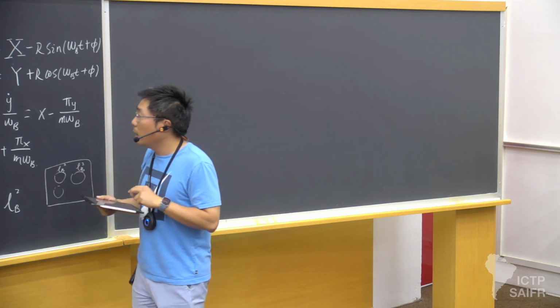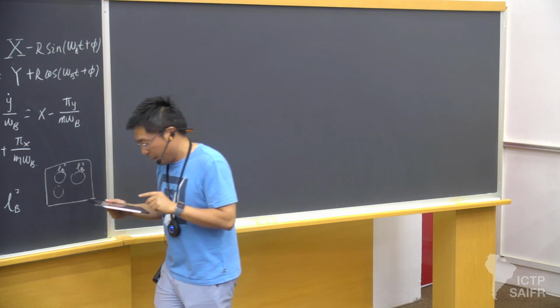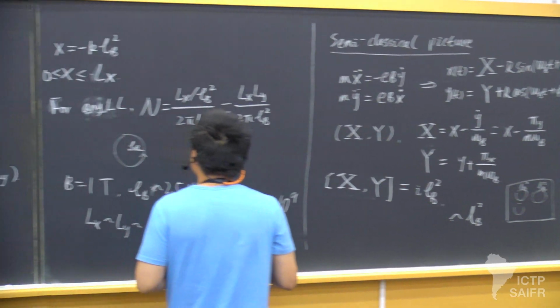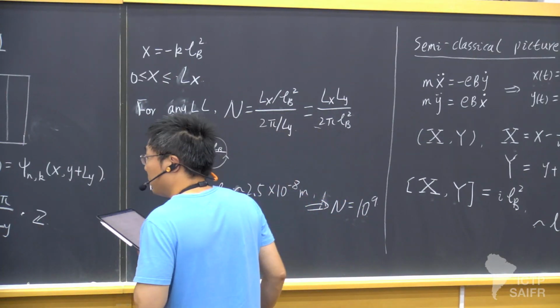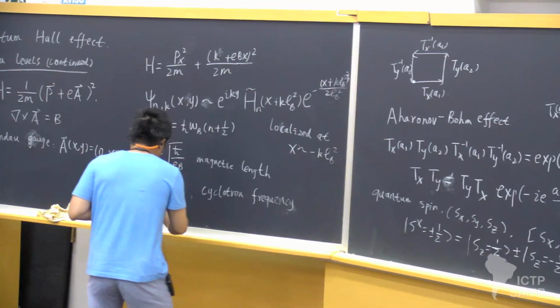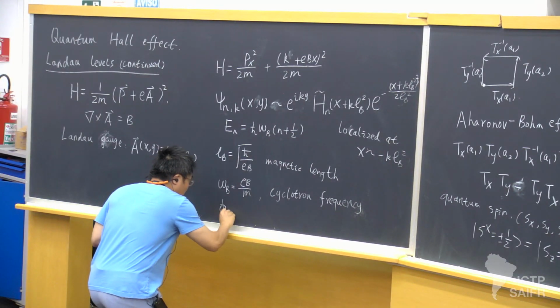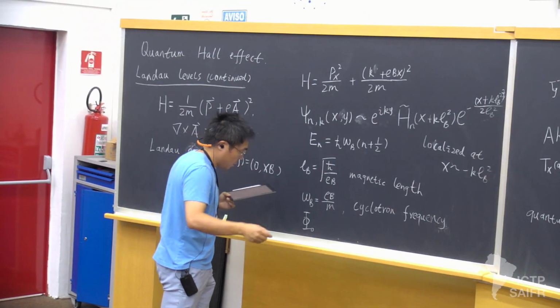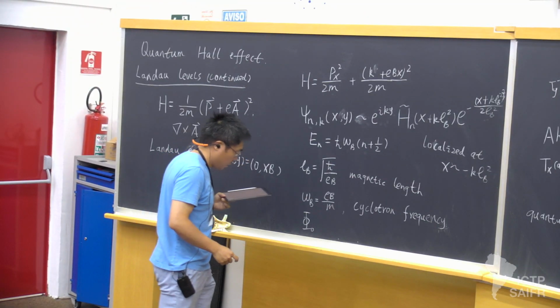Okay, so there's another important quantity that I think I didn't mention. Let me also write it there. It will also appear a lot in this lecture, as well as in discussions of quantum Hall physics.